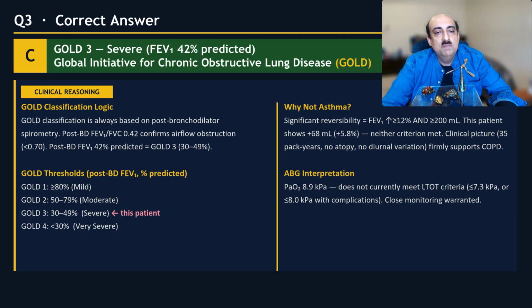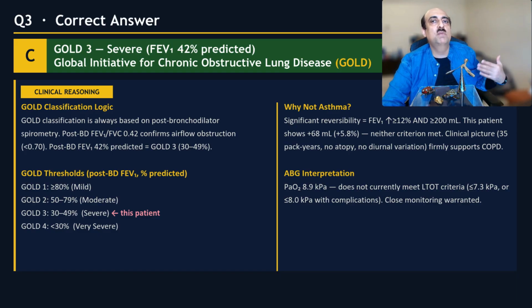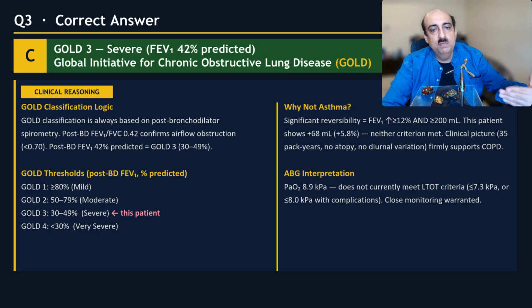Anyhow, the first criterion is to define COPD based on objective evidence, and for that you have the post-bronchodilator FEV1 to FVC ratio, the forced expiratory volume in the first second to the forced vital capacity ratio. Once it is below 0.7 or below 70%, that confirms the obstructive airflow pattern.